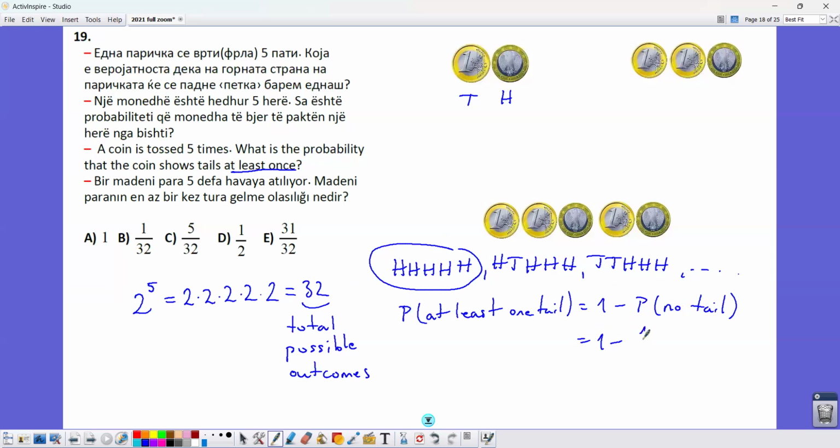So this is 1 out of 32. When I do this operation, it will become 32 minus 1 over 32, which is 31 over 32. So this is your answer, to have at least one tail. And your answer is E, 31 over 32.